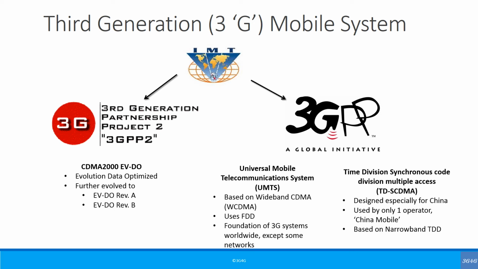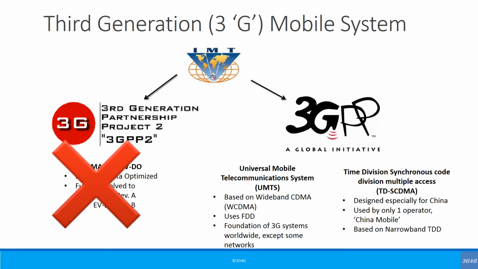So 3GPP also defined a wideband TDD system like the FDD UMTS, but nobody implemented it. There wasn't any interest. So TD-SCDMA was a narrowband version of this technology, and it was only deployed by one operator.